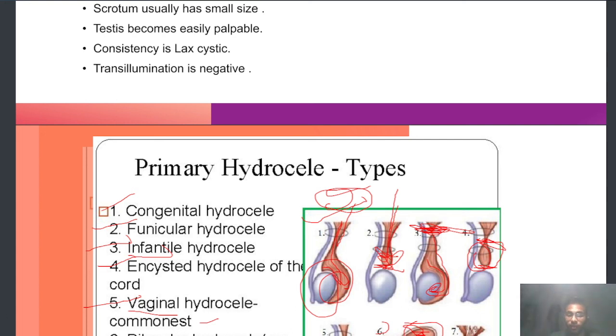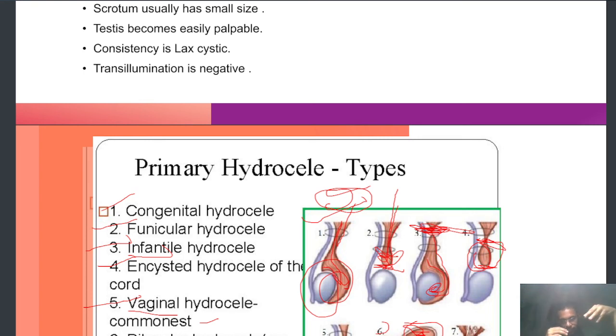And then finally you have the hydrocele of the hernial sac. So obviously you can see right here that we are correlating it with hernia. This is the part where you have to understand the processus vaginalis. I have told you in the starting of the lecture that the processus vaginalis is basically formed by the peritoneum, and the contents of the peritoneum are the abdominal parts and contents.